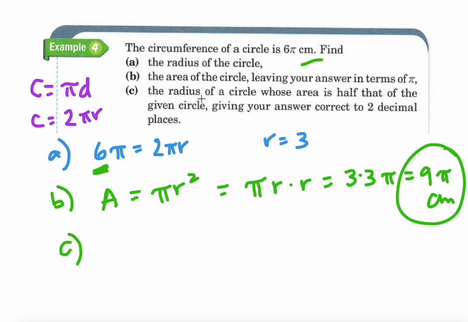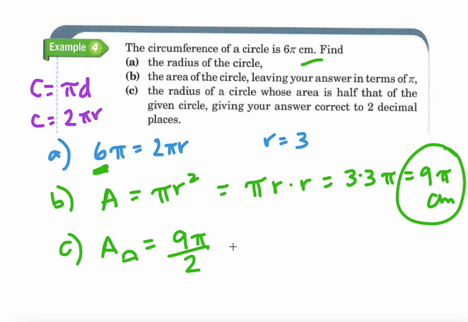And then C, the radius of a circle whose area is half that of the given circle. Okay, so if this is the full area, 9 pi, then to find half of that circle, I'm just going to draw that, it would be 9 pi divided by 2, right? That's half of the area.